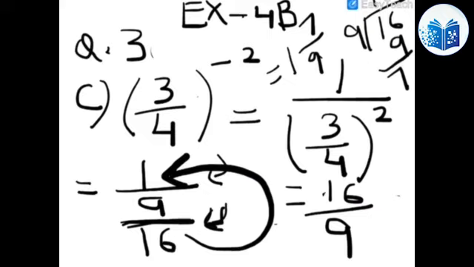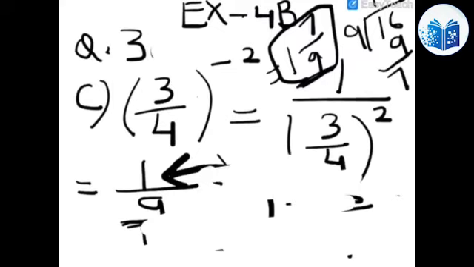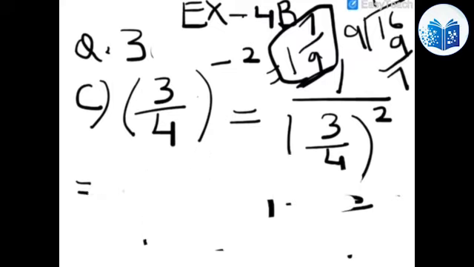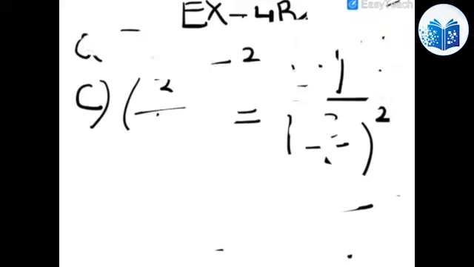Now question number D is going to be done by you, because it's quite the same. Since it doesn't have powers like 2 or 3, but the index is negative, you need to solve it yourself. I'll be moving to question number 4 now.